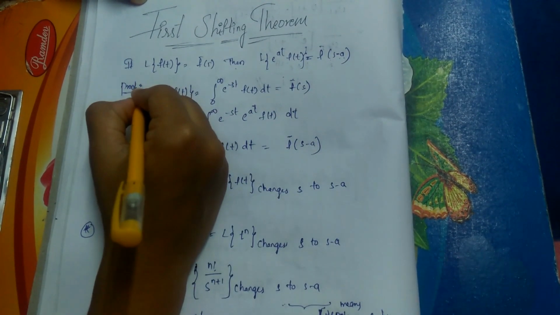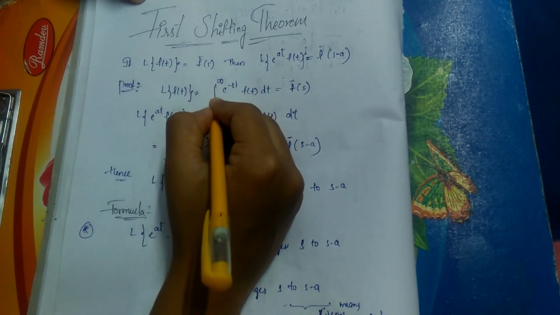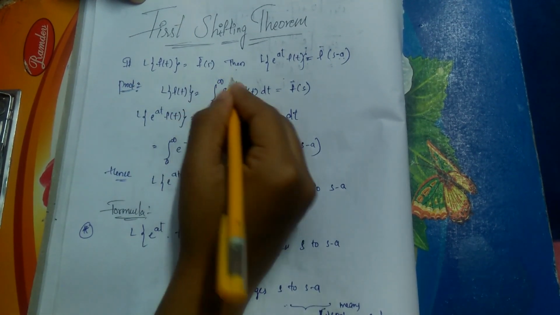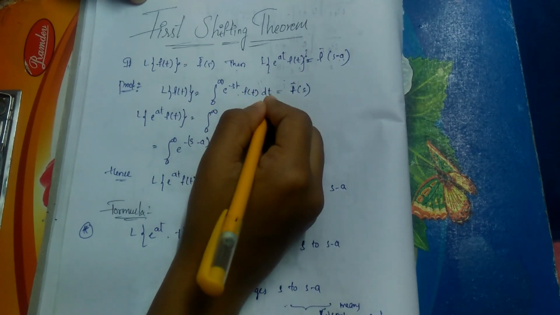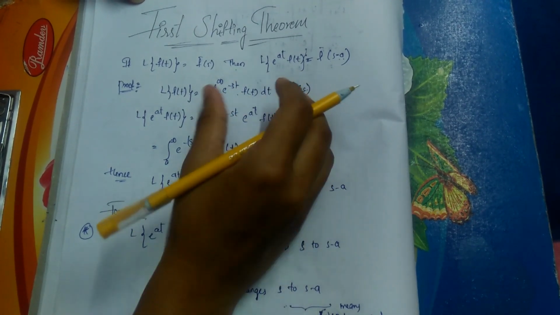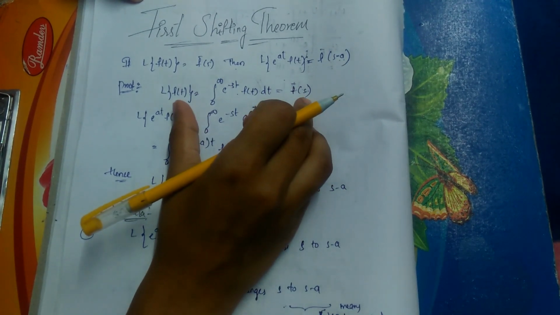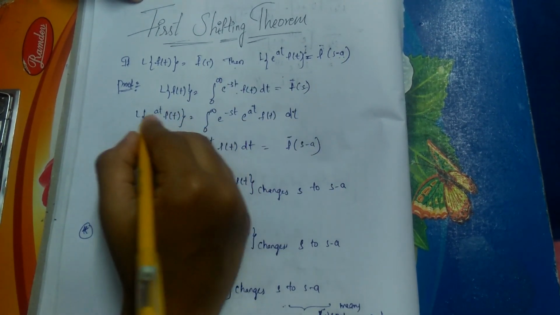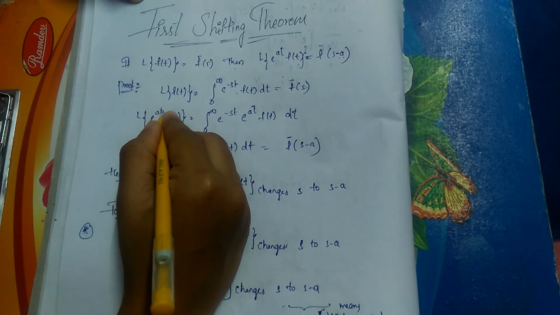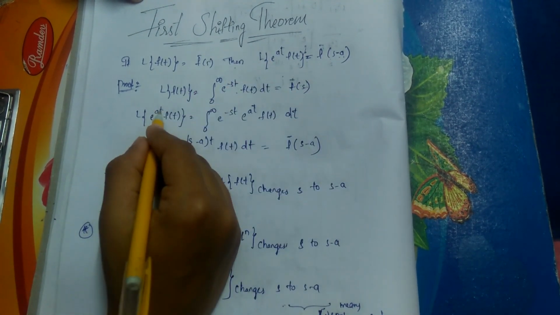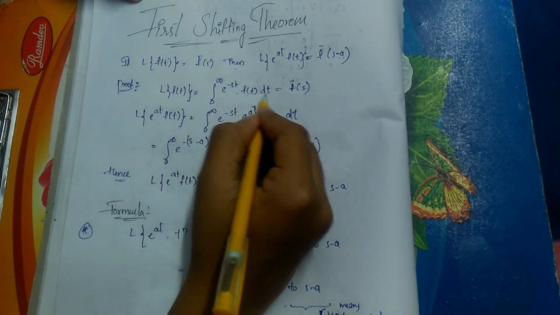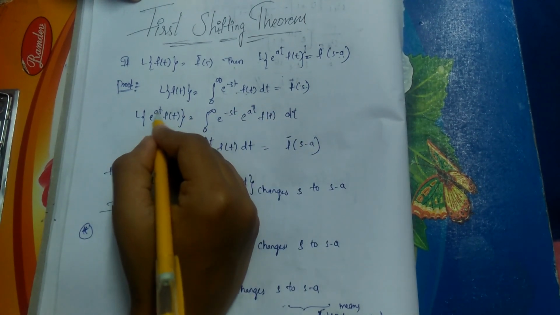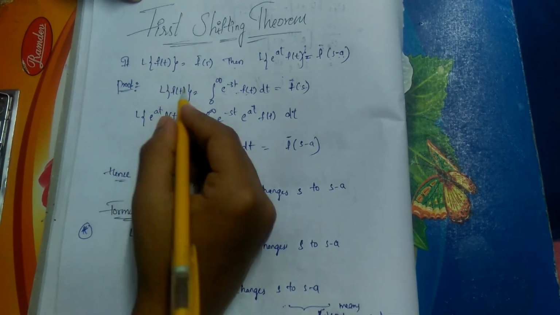So here is the proof. The Laplace transform of f(t) equals the integral from 0 to infinity of e^(-st) into f(t) dt, which is equal to F bar of s, by the definition of the Laplace transform. If we multiply with e^(at), then this equation is multiplied with one more extra function, that is e^(at).